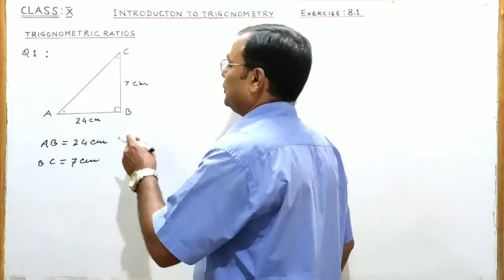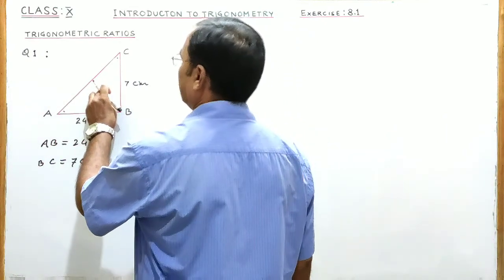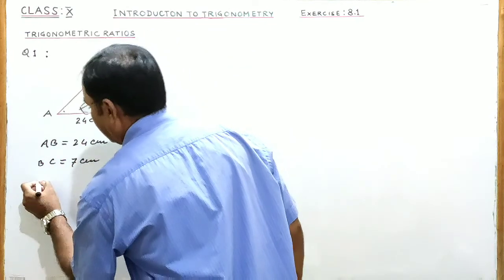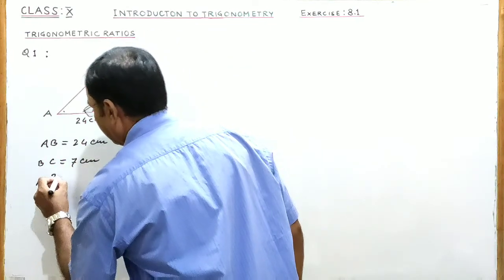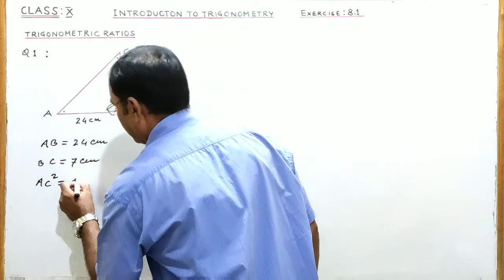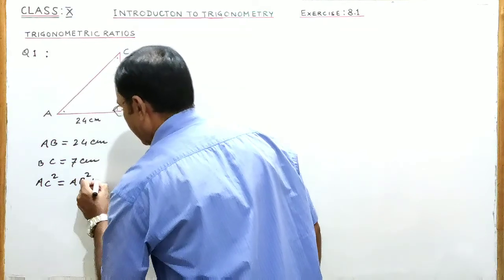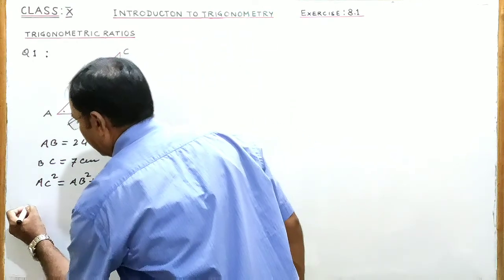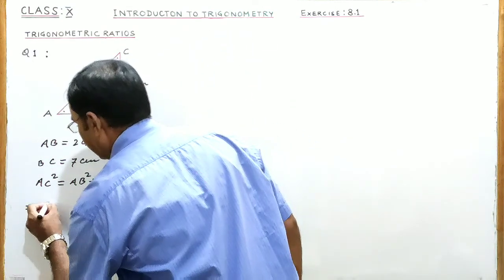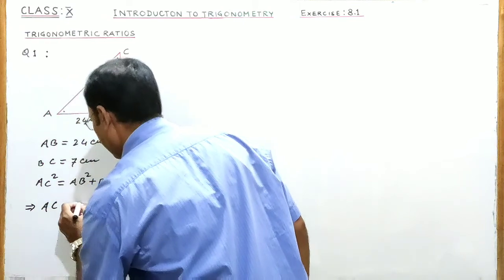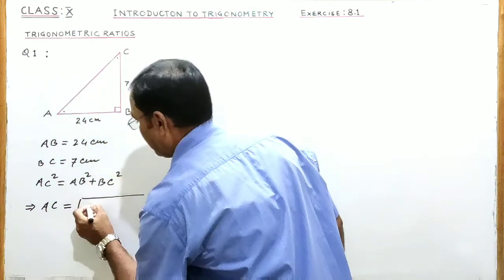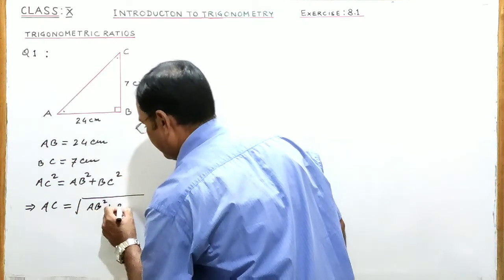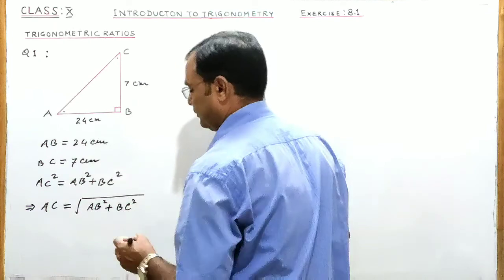at B. So using Pythagoras theorem in this right angle triangle ABC, we can write AC square is equal to AB square plus BC square, and this implies AC is equal to under root AB square plus BC square.